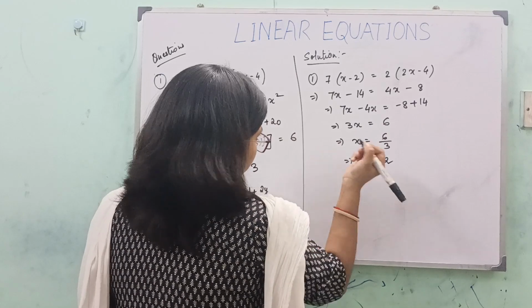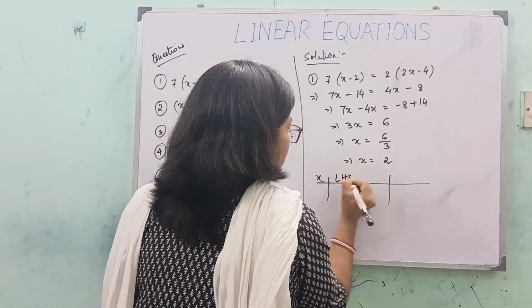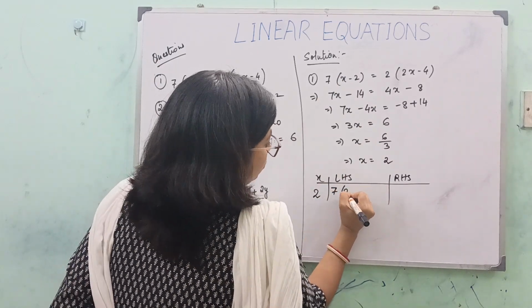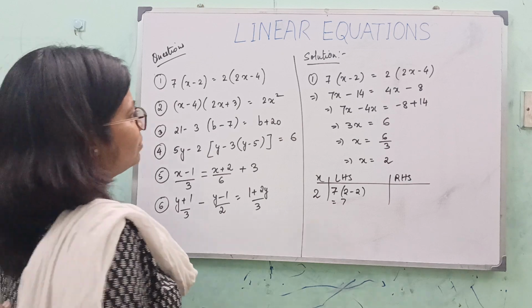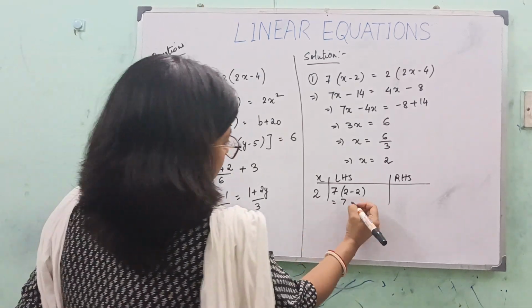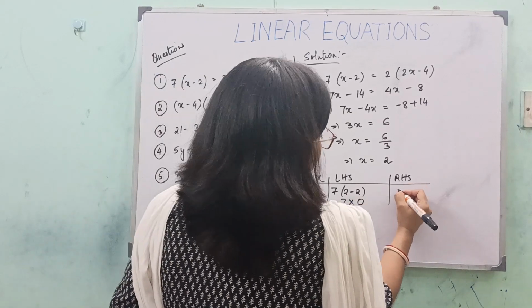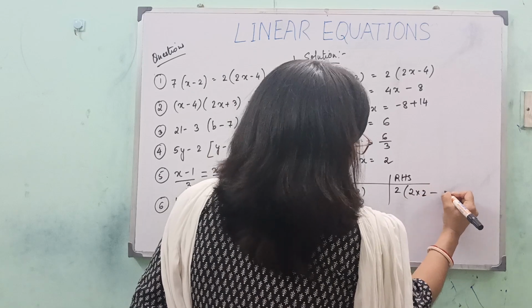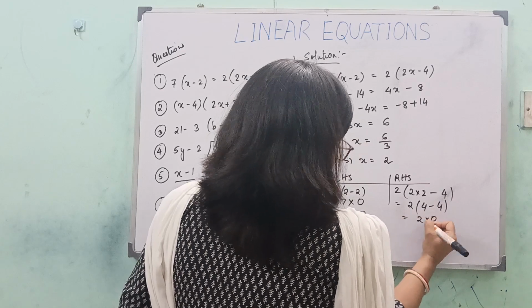If you want, you can check your answer. That is verification. I have told you how you will do it. X, LHS, RHS. So when x is 2, let us check. 7 into 2 minus 2, and RHS is 2 into 2x, that is 2 into 2 minus 4, that is 2 into 4 minus 4, that is 2 into 0, which is again 0.